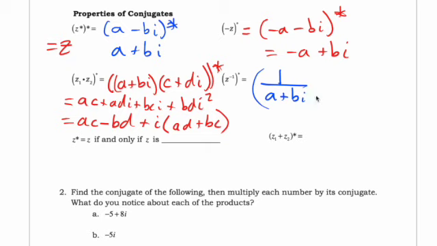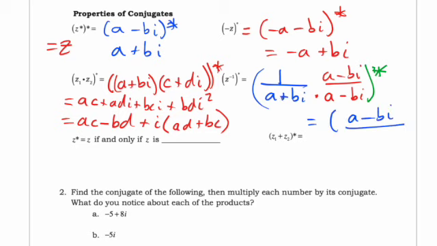We have to get the denominator to be a real number, so we're going to multiply by the conjugate. And then we're going to get the conjugate of all that. So we have now on the numerator a minus bi. The denominator, remember from the previous page, we always get a squared plus b squared.